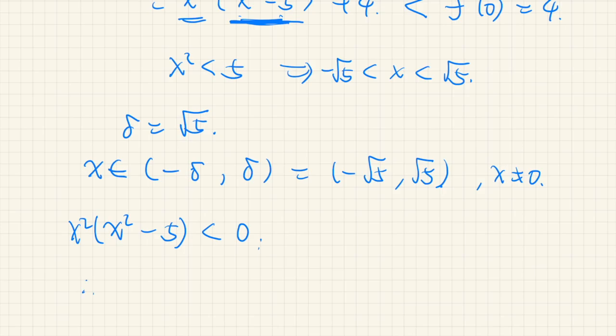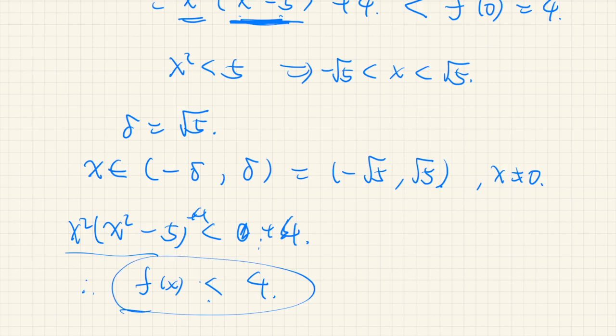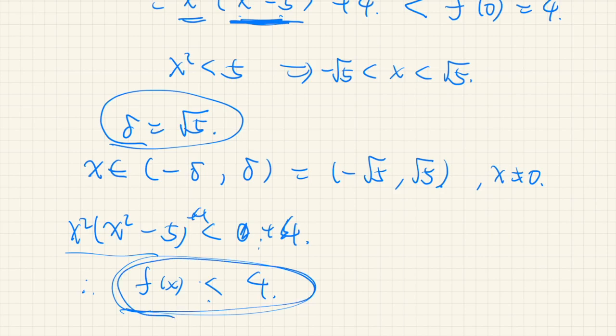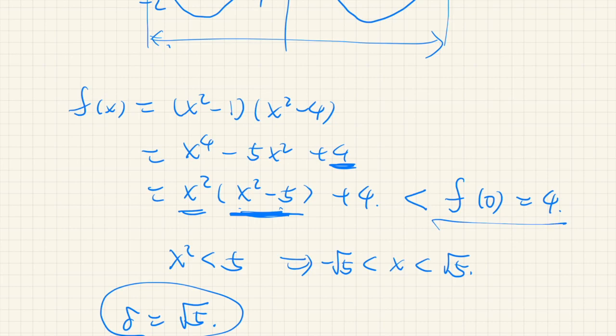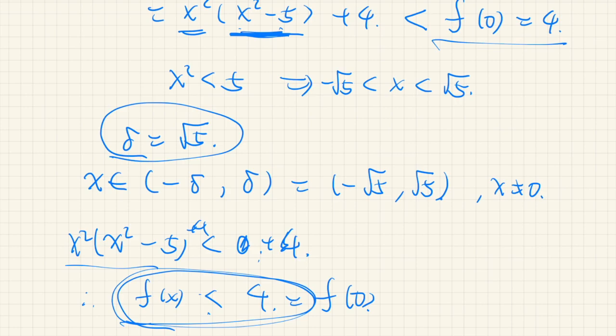Therefore, f of x, which is this plus 4, is less than 4. If we add 4 to both sides, we have this. So with our delta, the inequality f of x is less than f of 0 holds. Therefore, this is indeed a local maximum value, and x equal to 0 is the corresponding local maximum point.